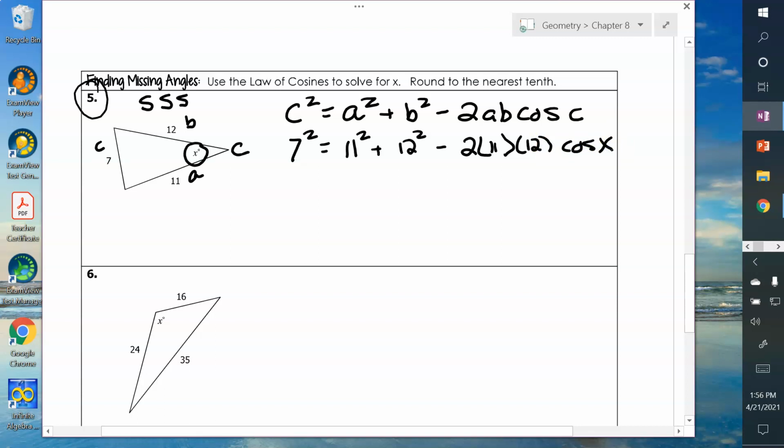That's what I'm looking for, x. So let's go ahead and work this out. 7 squared is 49. 11 squared plus 12 squared, just doing that on my calculator, I got 265. Minus 2 times 11 times 12.